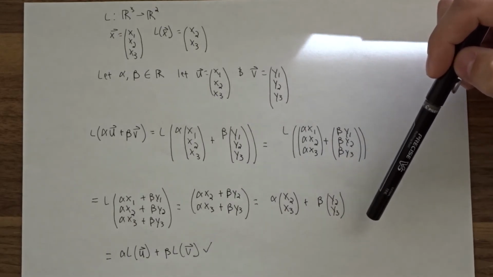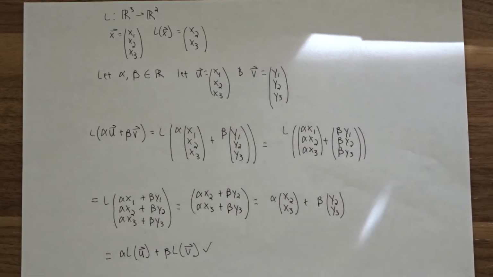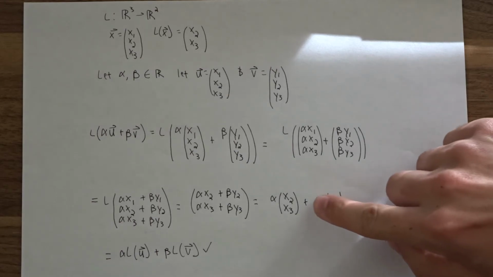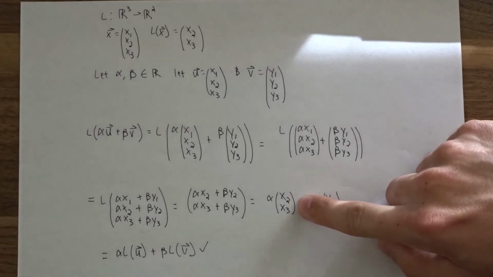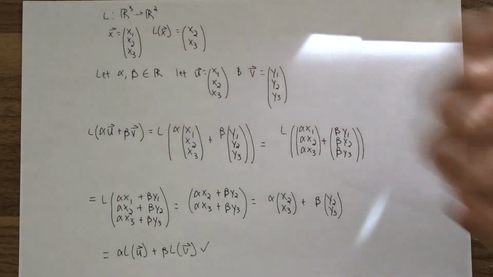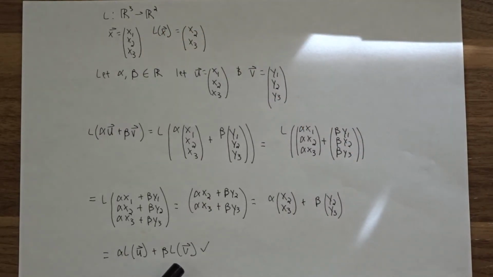Then we can further simplify it and say that this is equivalent to alpha times the linear transformation of u, which is true because we have x2 and x3. We started with x1, x2, and x3. And we can say the same thing for beta times the linear transformation of v. So we have proven it in the same expression for both scalar multiplication and addition.